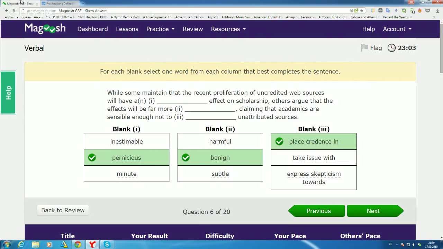A comma is letting you know that there's a shift, possibly. When we see while some, comma, and then the word others, we know that there is a shift here. We know that there's going to be an opposite introduced. I see. Do you really?